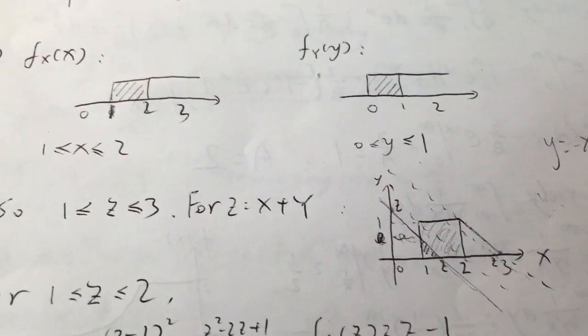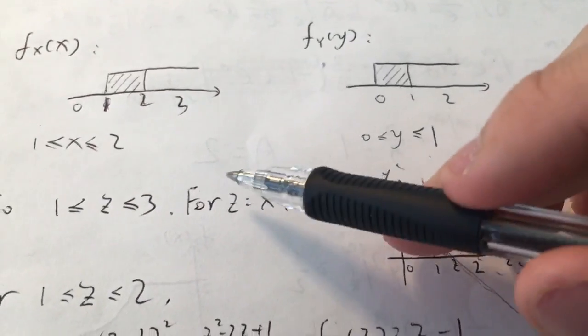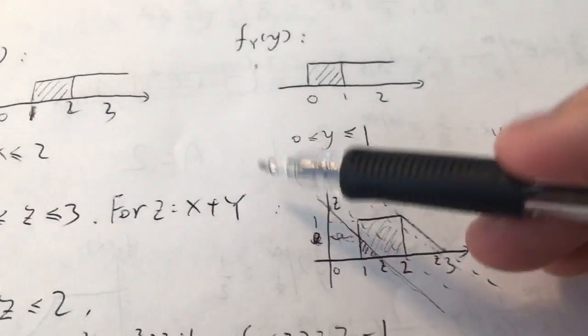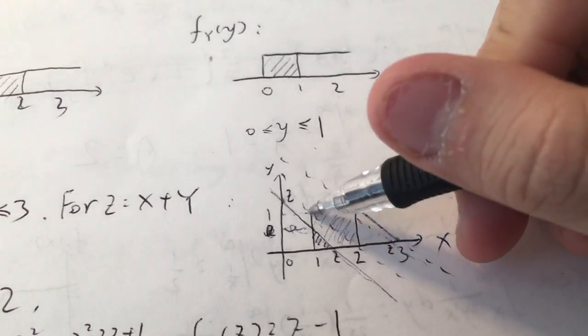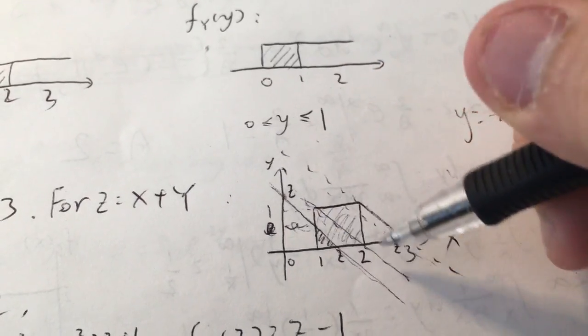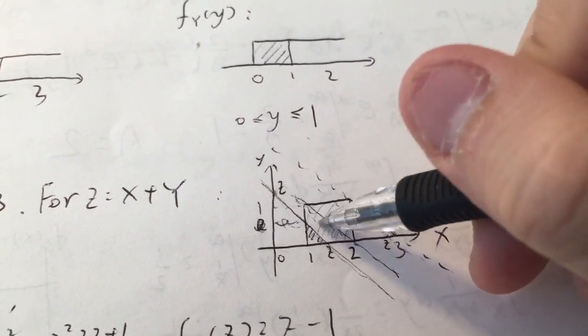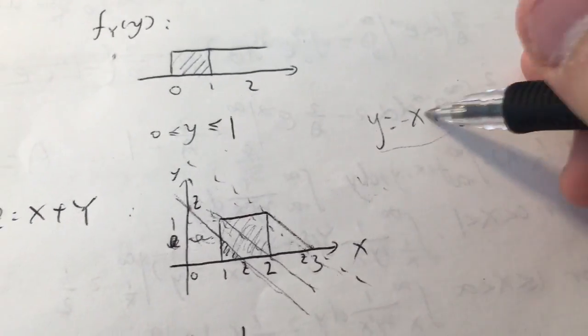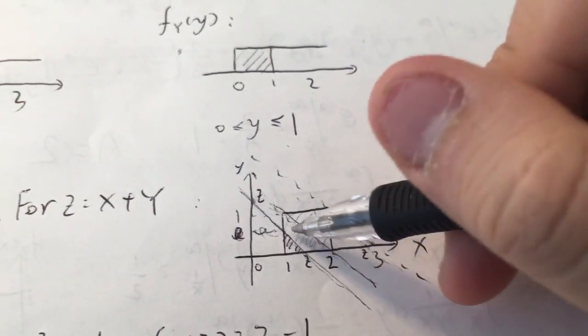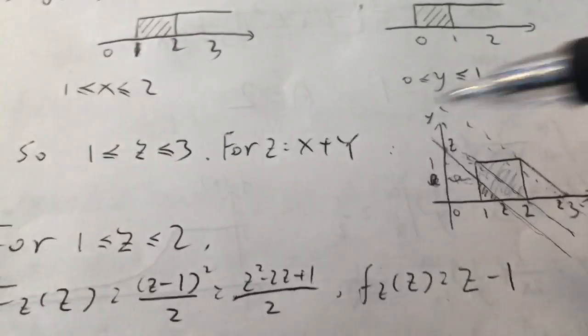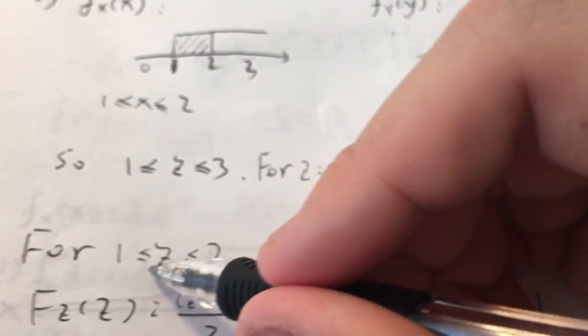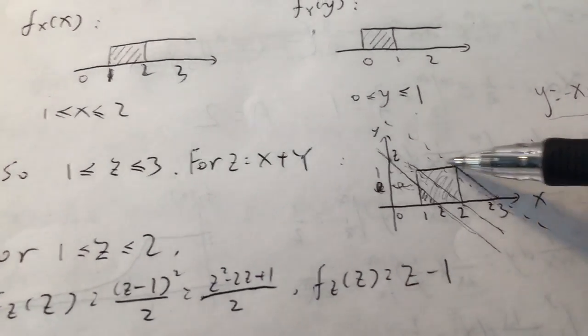So at this point, we have two different cases. When this line is to the left of this line, that means z should be no less than 1 and no more than 2.